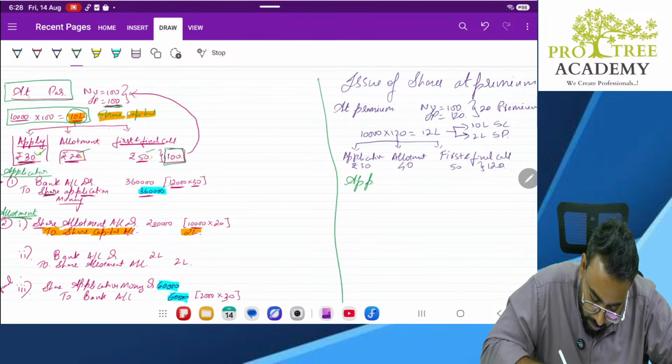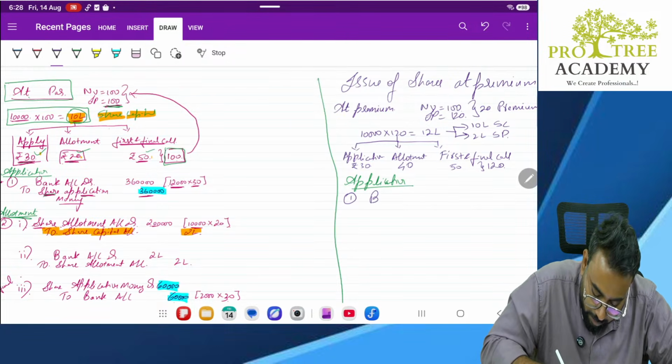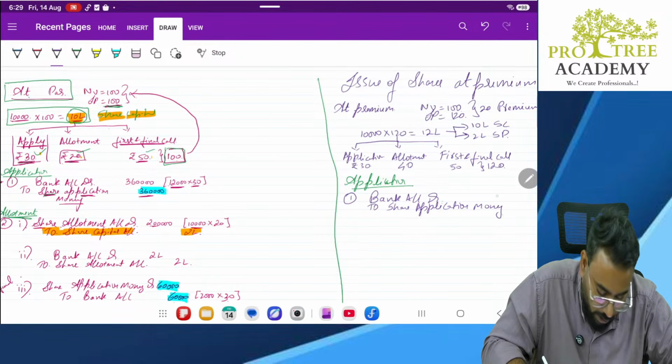On application, what is the journal entry, sir? No change in the journal entry. The journal entry will remain same. Bank account debit to share application money. How much? 30 we have received.